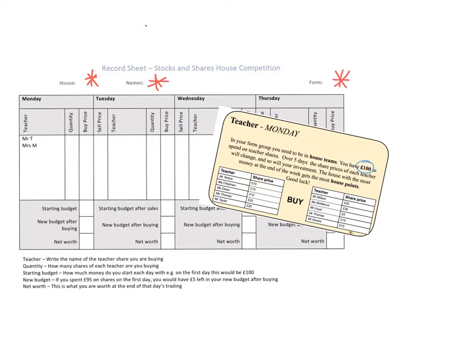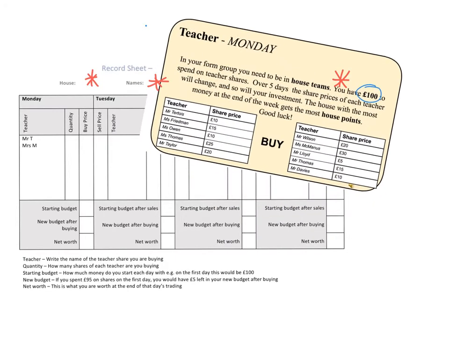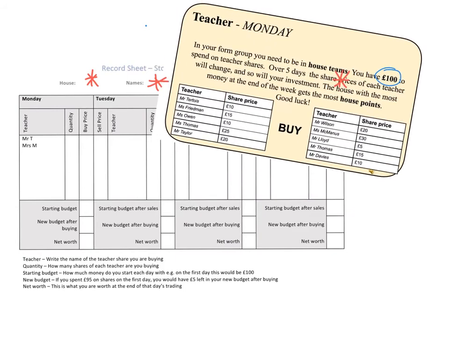That's really important. And then they need to look at which house shares they want, which shares they want to buy. So for example, let's say a form group wanted to buy Mr. Tatois. You need to write it in full, I can't fit it in there. And they wanted to buy 3 shares, so that would cost them £30.